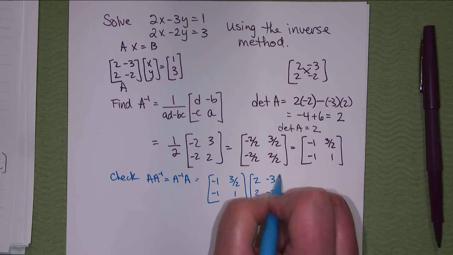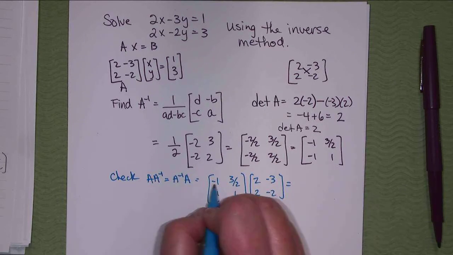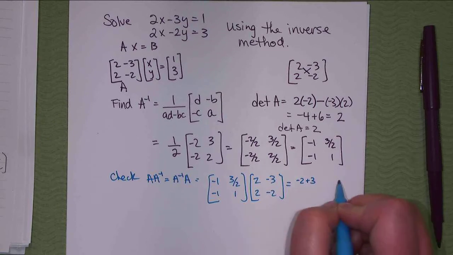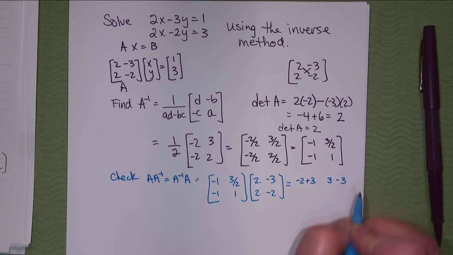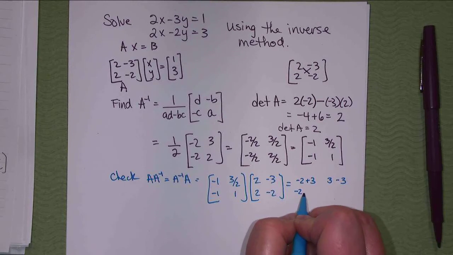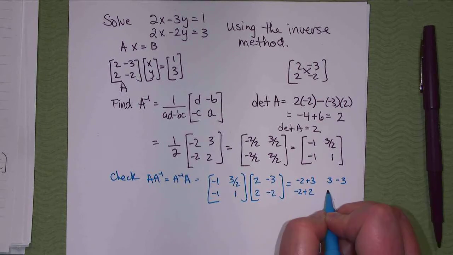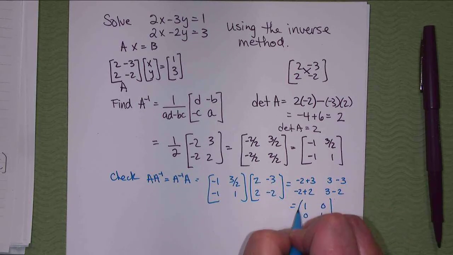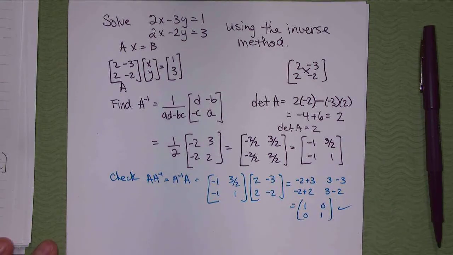And you should get I. Okay, so I just multiplied them and we get the identity.